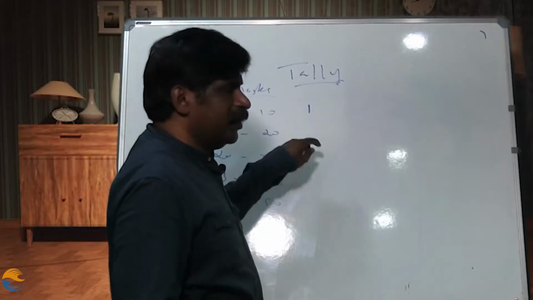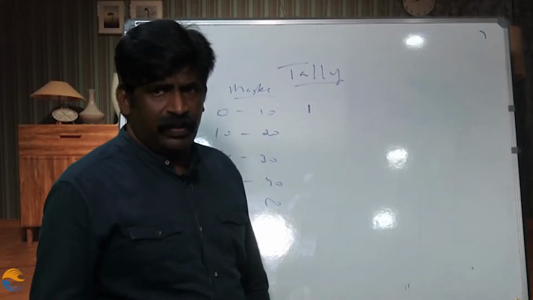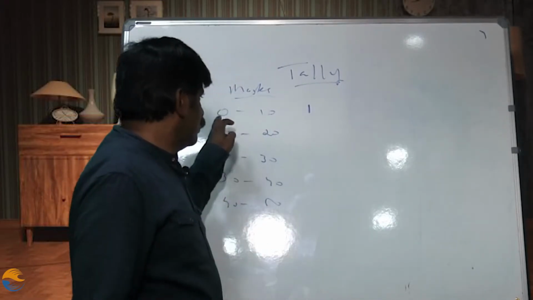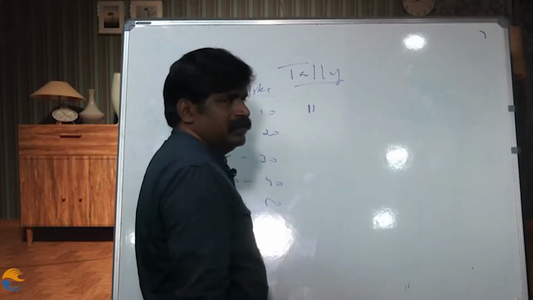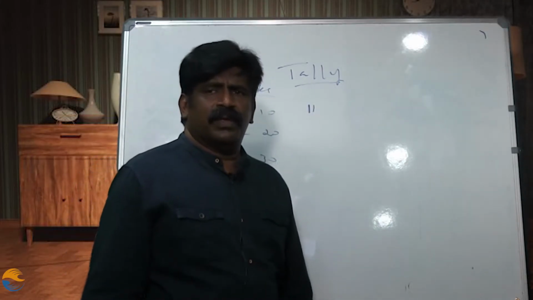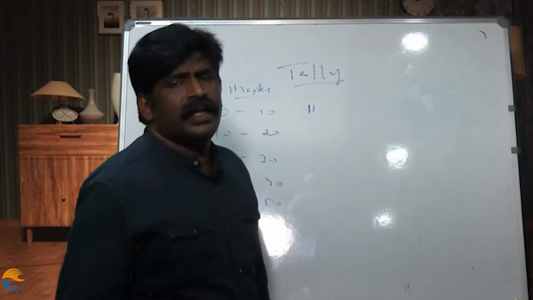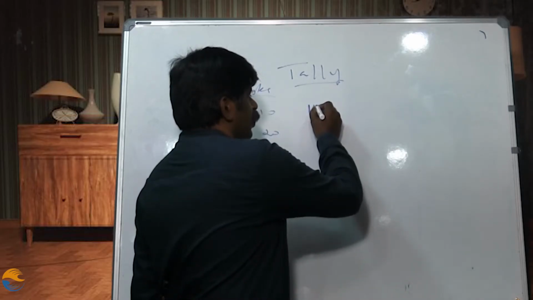Then another one, his mark is 5. It is in between 0 and 10, so we put another tally mark. Next one said 9 marks. It is also between 0 and 10. We put another tally mark.